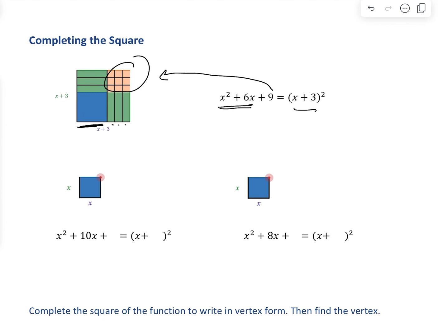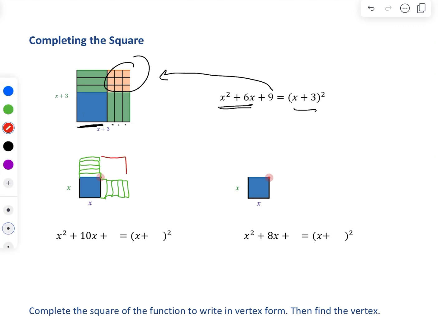So when we tried out other things, when we start off with x squared plus 10x, we had 10 of those green rectangles, and we had to split them up. So we're going to put 5 on each side. We'll put 5 along here too. Okay.